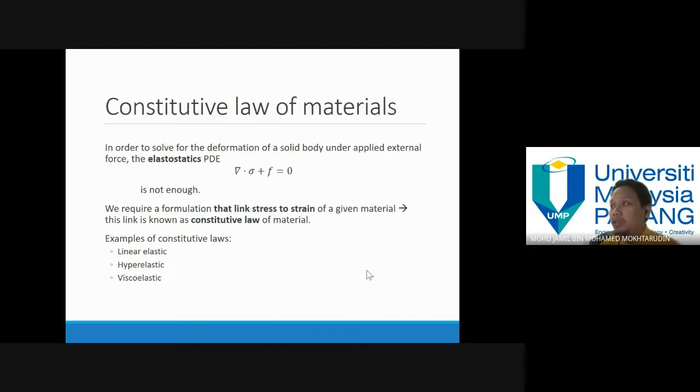In simulation for solid mechanics, we only need the properties of the materials, either the Young modulus or Poisson ratio. But there are a lot of laws for materials. The law that involves Young modulus and Poisson ratio is what we call the linear elastic constitutive law.